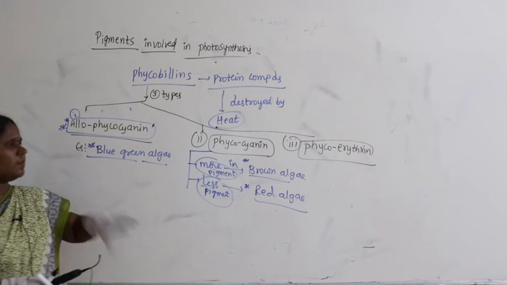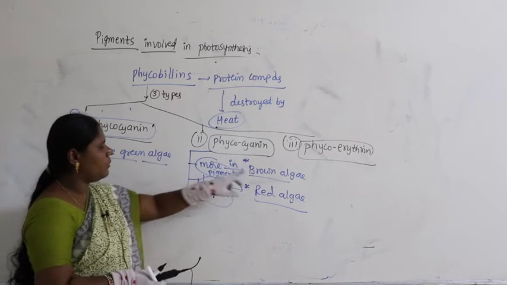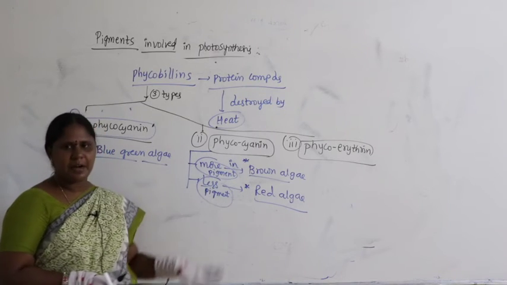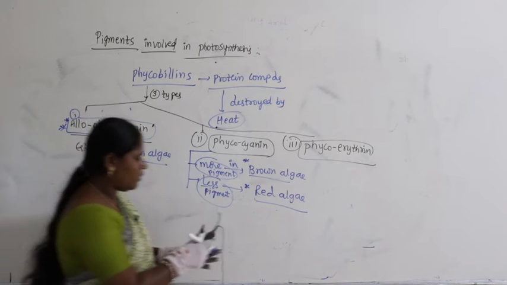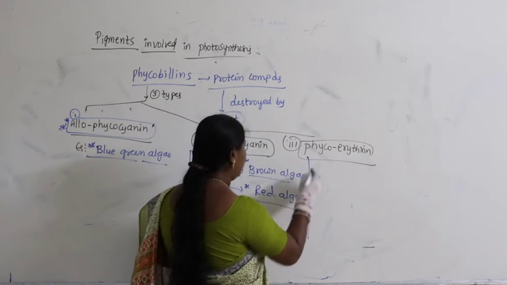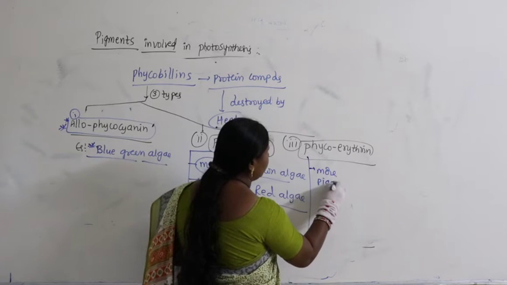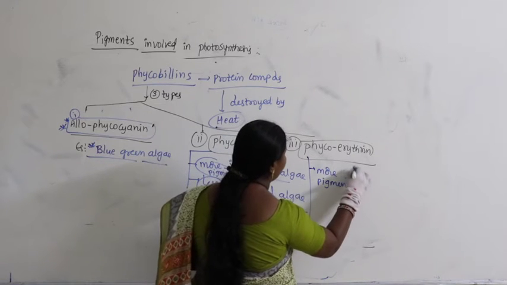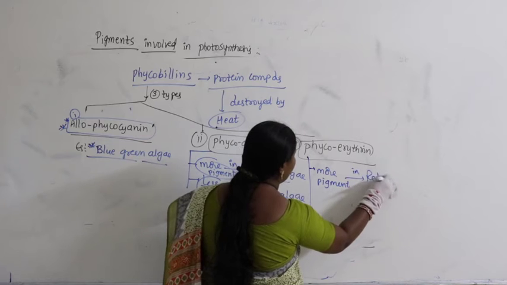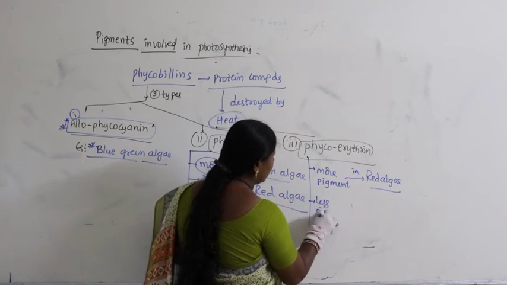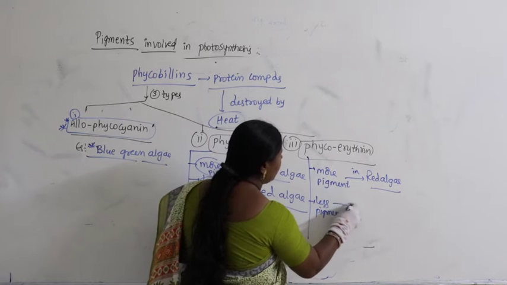Phycocyanin is the major pigment, present in more quantity in brown algae and very less quantity in red algae. Quite the reverse of this is phycoerythrin: more phycoerythrin pigment is present in red algae, and less in brown algae.